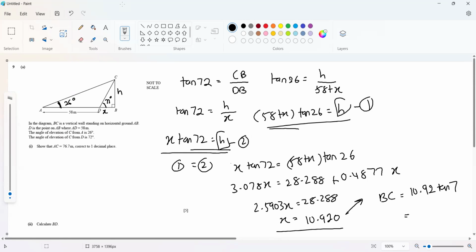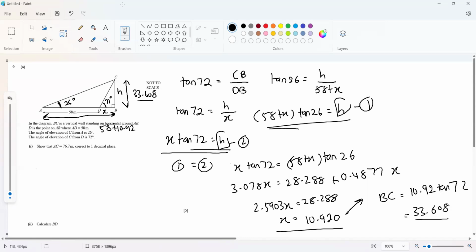So 10.92 times tangent 72 will give me 33.608. So from here, I know that this whole stretch is 58 plus 10.92, whereas this upper stretch is 33.608.